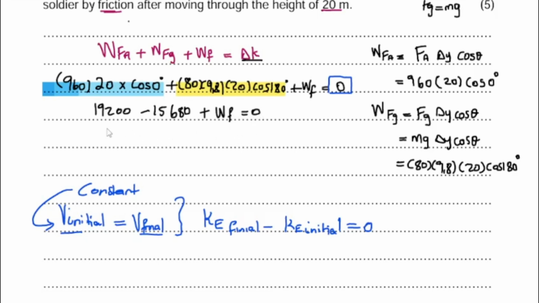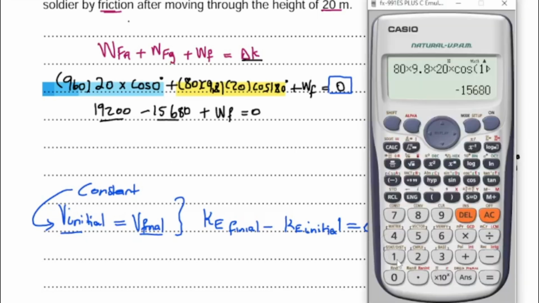Therefore, let's see what we get if we subtract those two. This will be 19,200 minus 15,680. Then this gives us 3,520 joules.